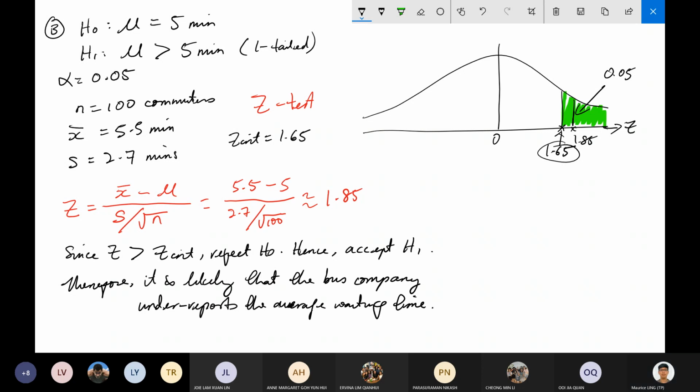You can say that it underreports waiting time at 5% significance.